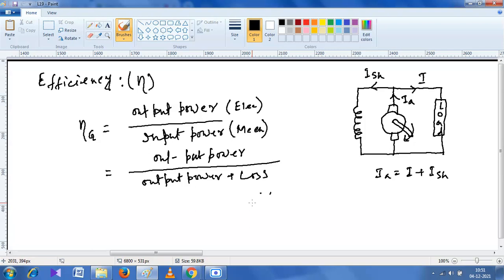Ayush, have you understood? Manish, yes sir. Khushbu, yes sir.